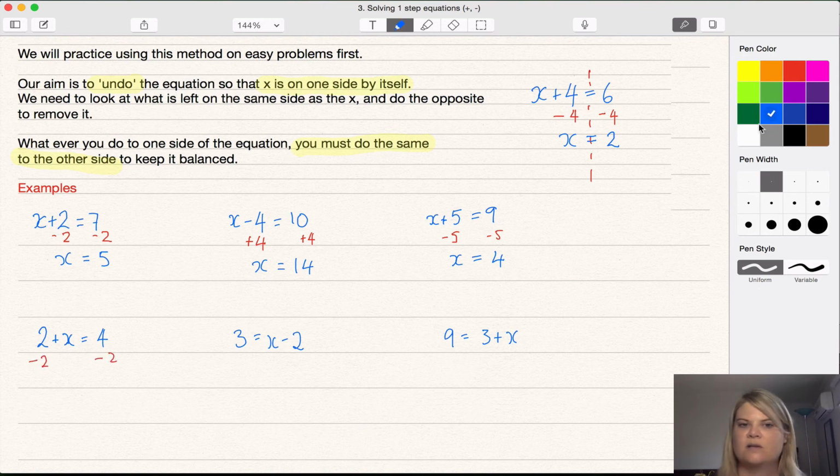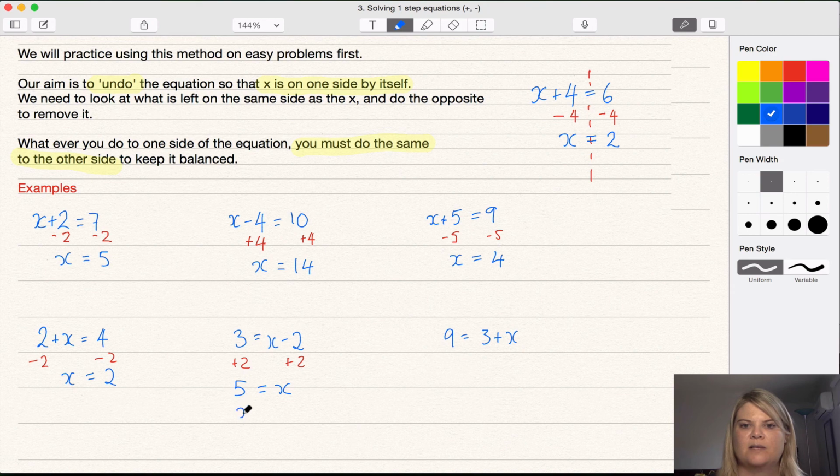Here the x is on the other side, but it still works. We've got a minus 2. Opposite of minus 2 is plus 2. These two cancel. 3 plus 2 is 5. And we will rewrite this the proper way around as x equals 5.